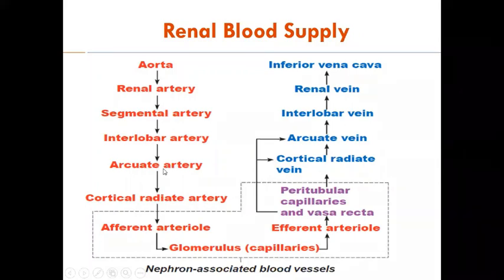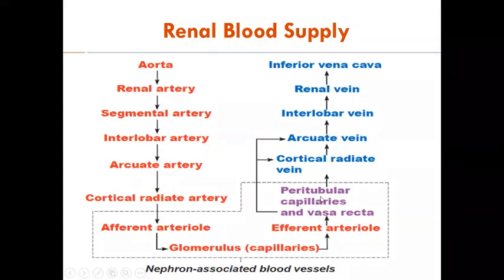The arcuate arteries give rise to cortical radiate arteries, which are the same as the interlobular arteries. That will divide to form the afferent arterioles. The afferent arterioles in the glomerulus divide to form the glomerular capillaries. The glomerular capillaries join to continue as efferent arterioles. The efferent arterioles form the peritubular capillaries.